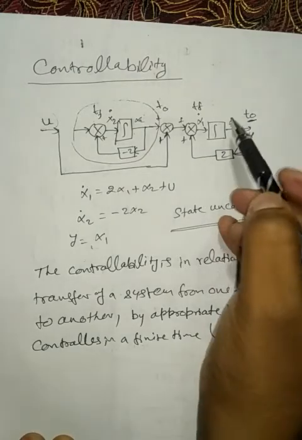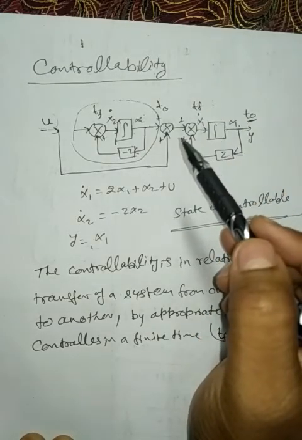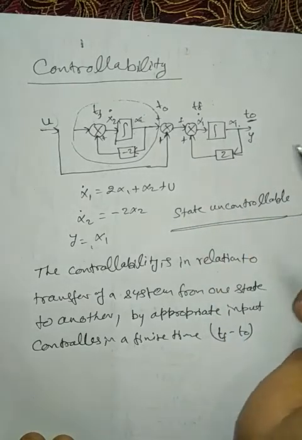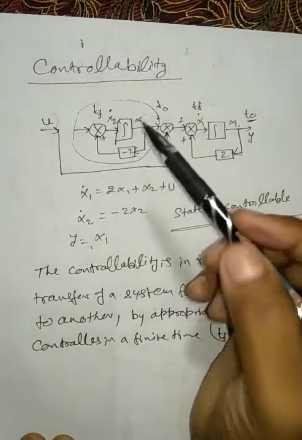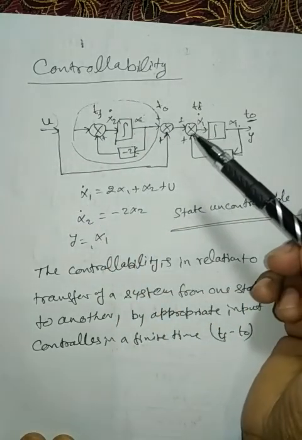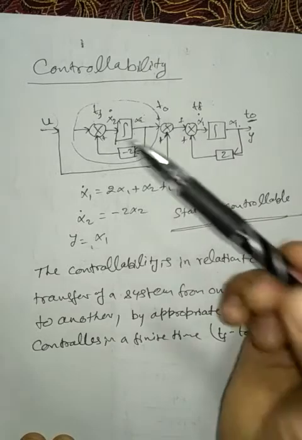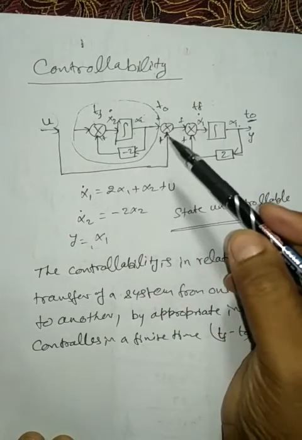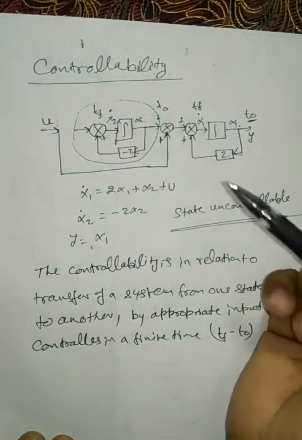If I can control a state, then the system is controllable. If there is a relation between system input and state, then the system is controllable. Otherwise, the system is not controllable.